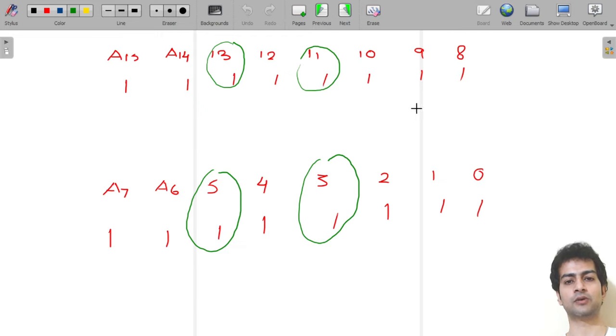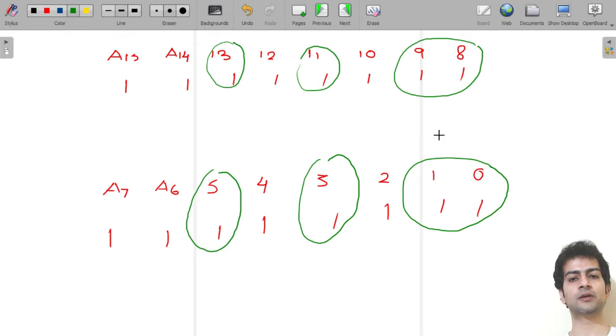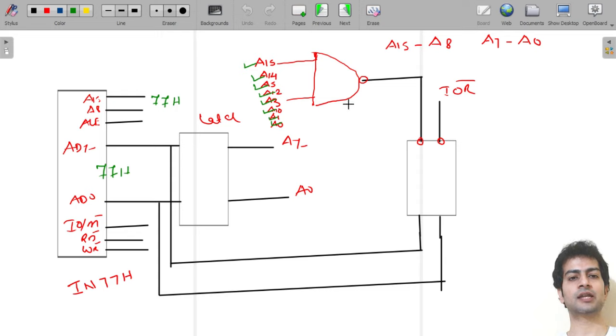See the value at address lines A9 and A8, and the value at address lines A1 and A0. It is the same. So will it make any difference? No. So this arrangement will work properly, and we will get the desired result.